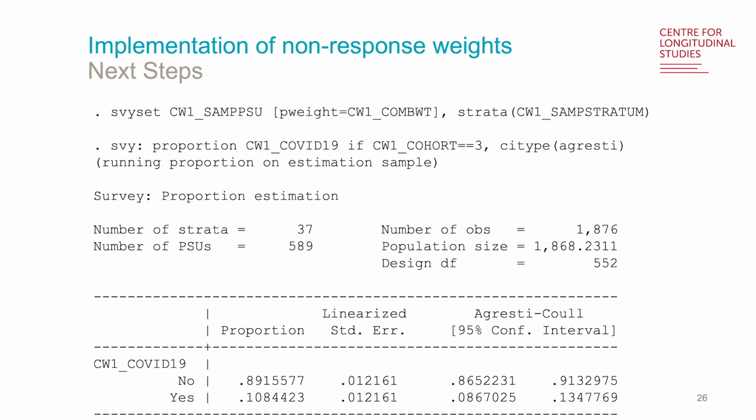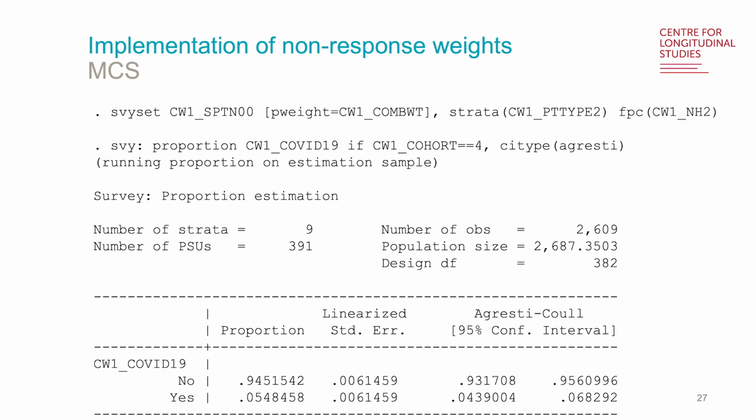But the variables take exactly the same values as elsewhere. So we first svyset, and then when we issue our proportion command, we use our svy prefix. And because we've already specified the pweight, we don't need to do that as part of the proportion command. And we see here that we get a prevalence of 10.8% in Next Steps.